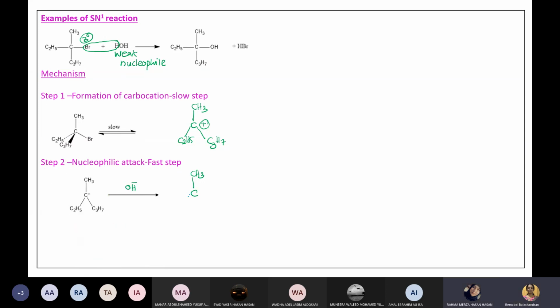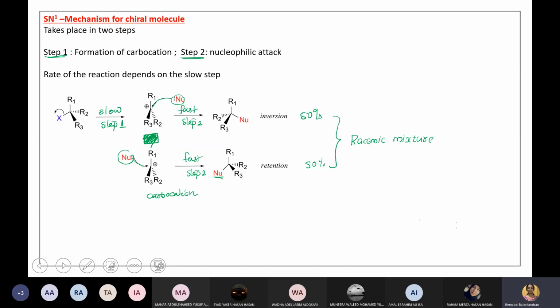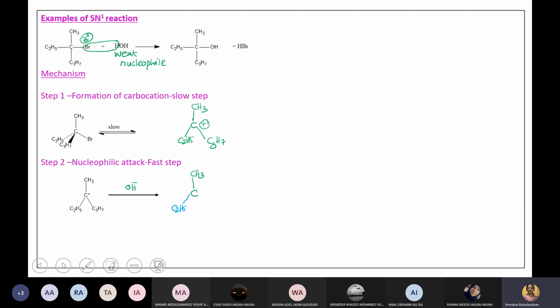Just replace the position of Br with OH. It should be dotted. So on this side it is C3H7, and on the right side we have OH. So this is one of the products. Now I need to switch it.